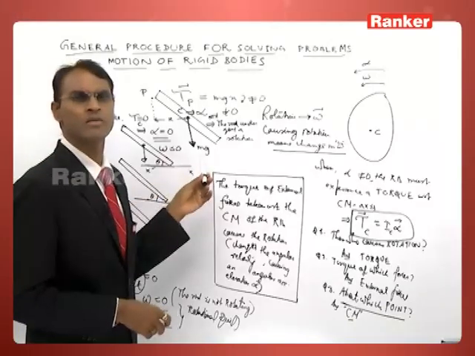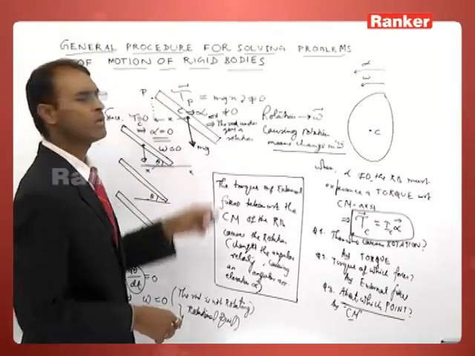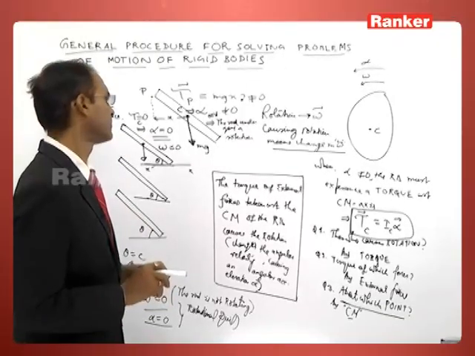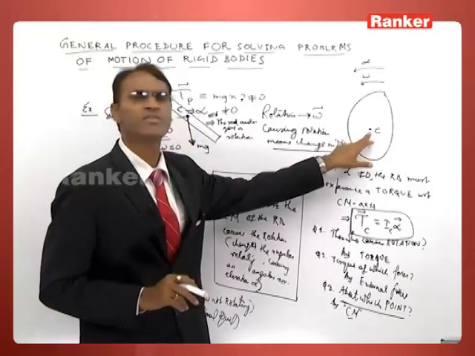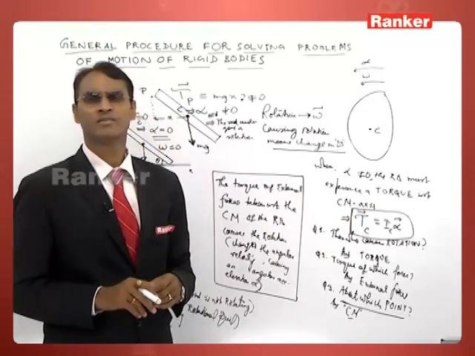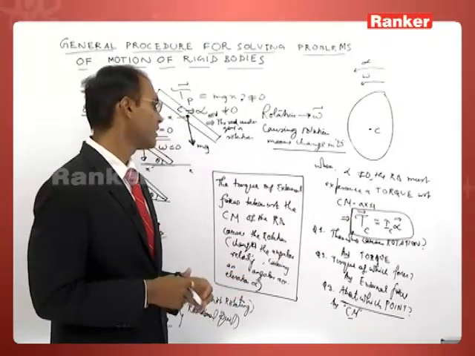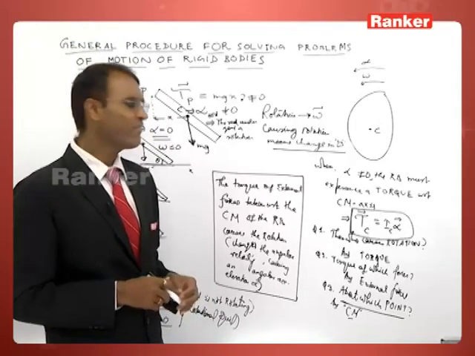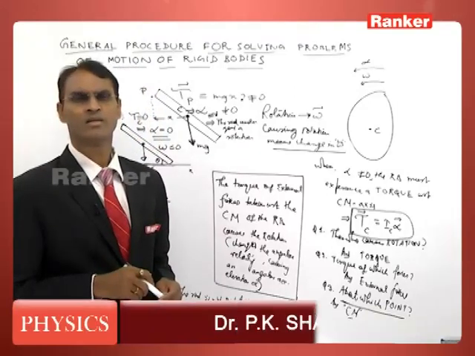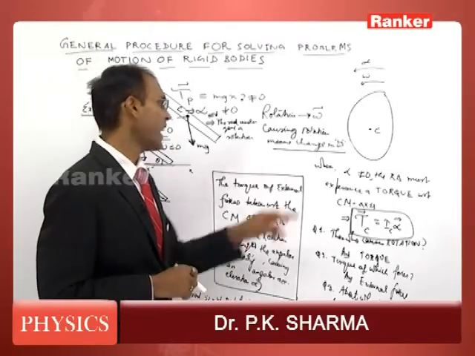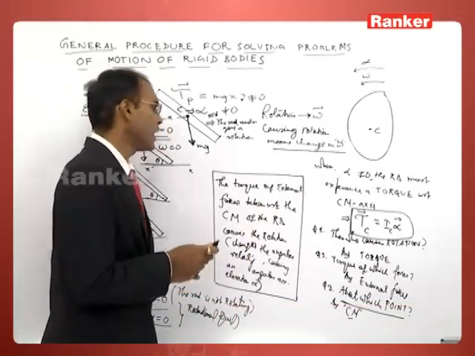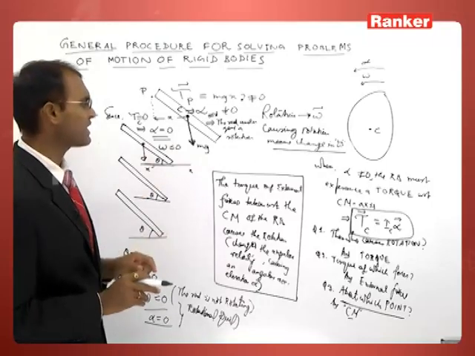Let us take another example. In the general procedure, we can take the reference point as the center of mass to write the equation of rotation. And the translational equation of Newton, F is equal to ma. Needless to mention, the acceleration in that equation is the acceleration of the center of mass. That is called the dynamical equation for translation.